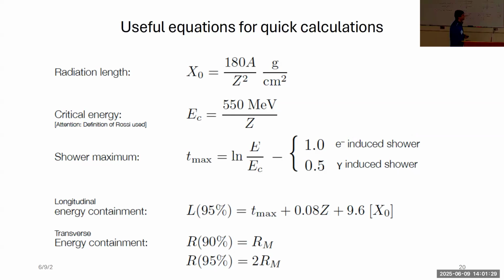So in real experiments, you may not always have room to make your calorimeter as big as you need, so there will be some leakage. But you can see how wide you need and how long you need to make it in order to, for example, get 95% containment.